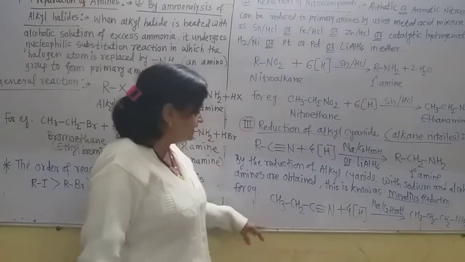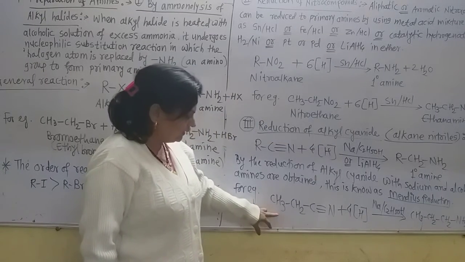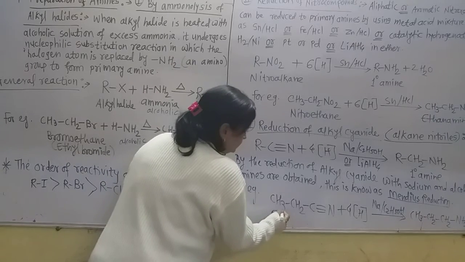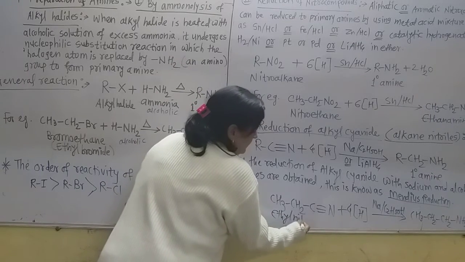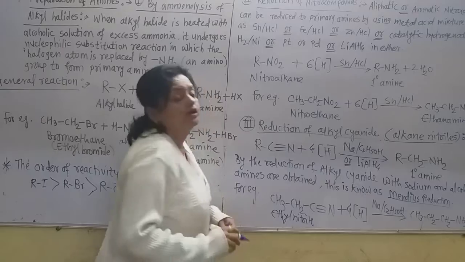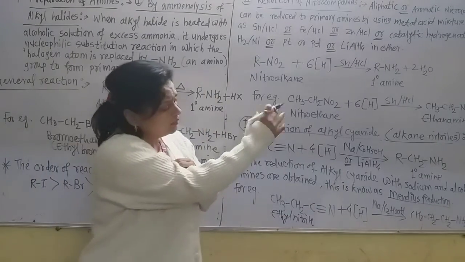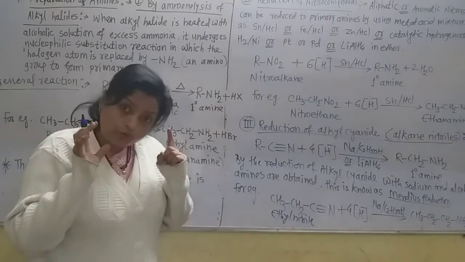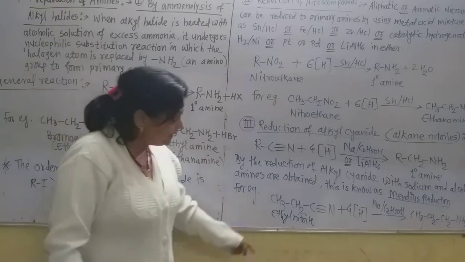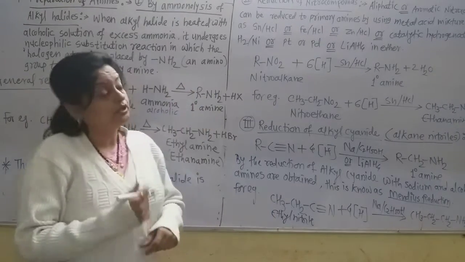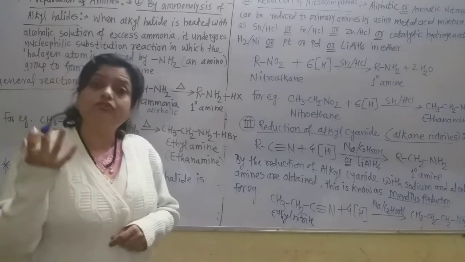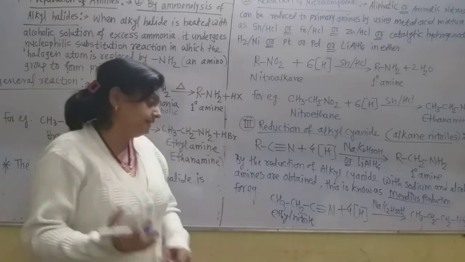For example, see here, this is ethyl cyanide. The name of this compound is ethyl cyanide or ethyl nitrile. And they may ask what is the compound there, and again a longer reaction may be there. Then you must remember that though it is ethyl nitrile, there is formation of the primary amine which contains 1 carbon atom more than this alkyl group.